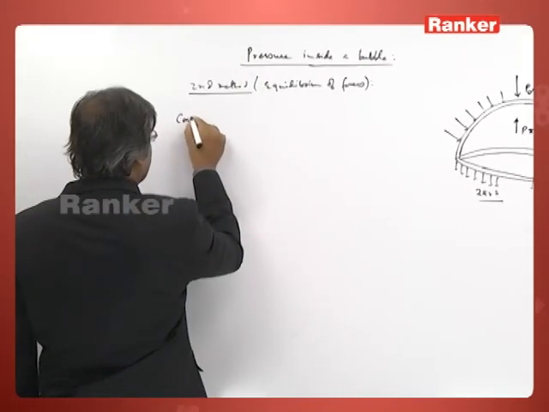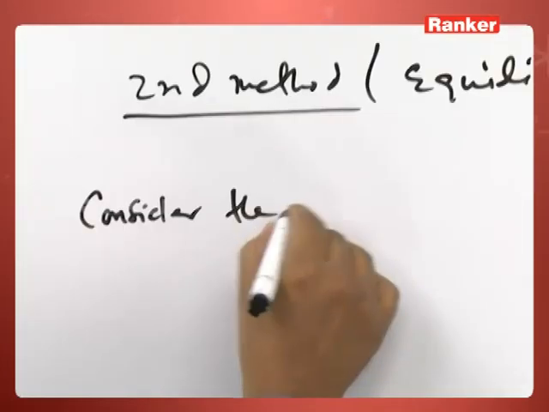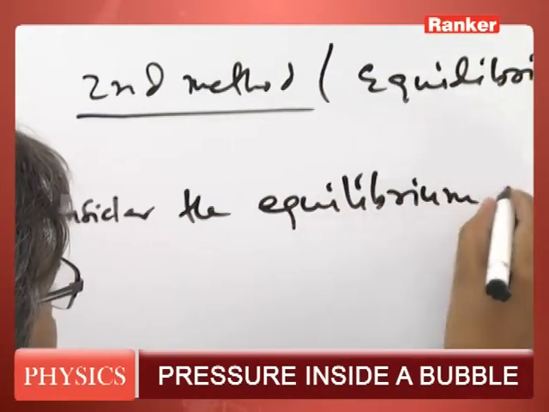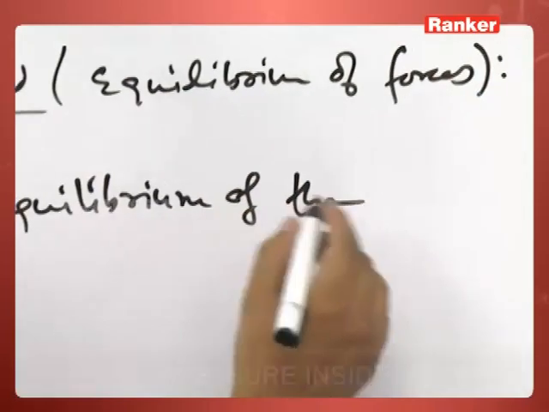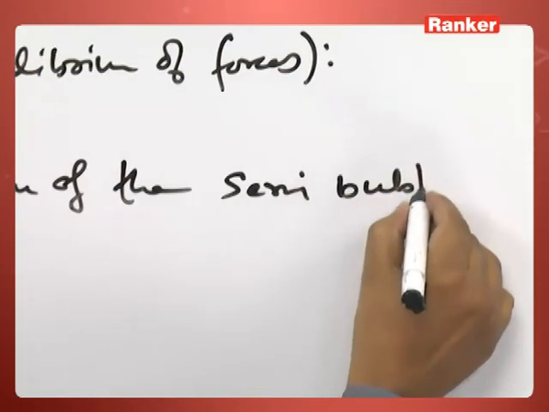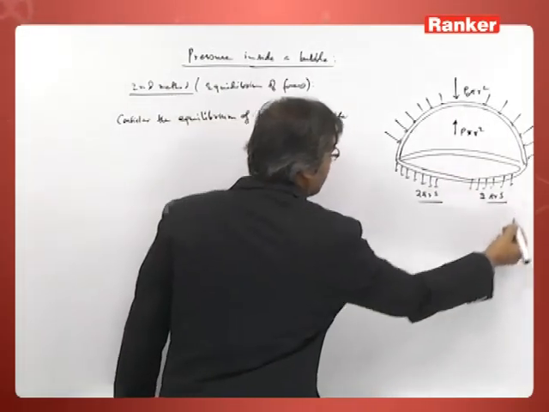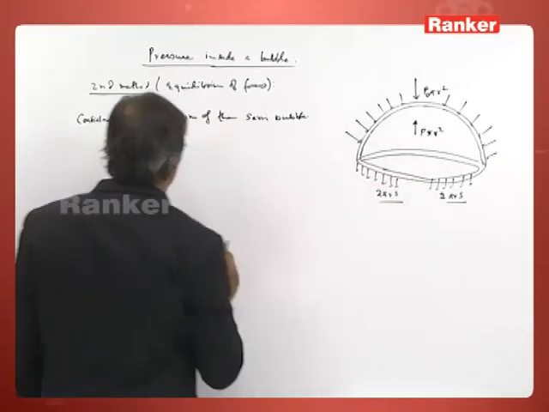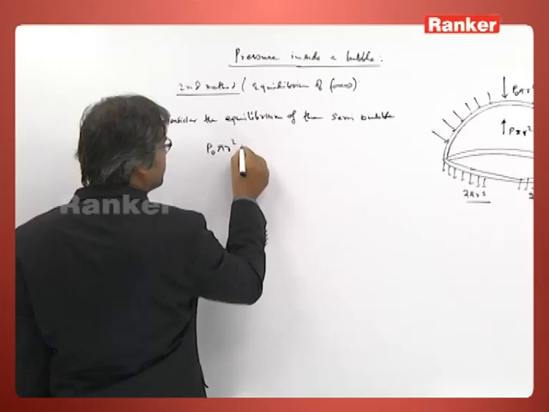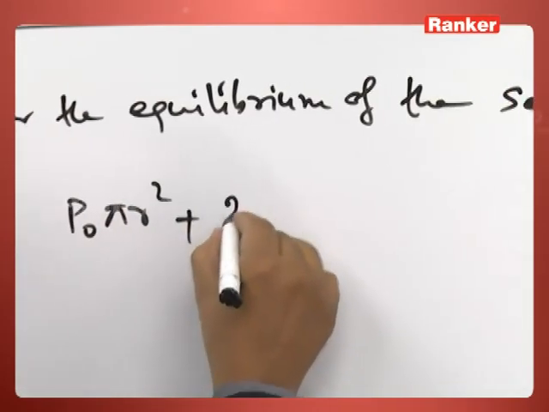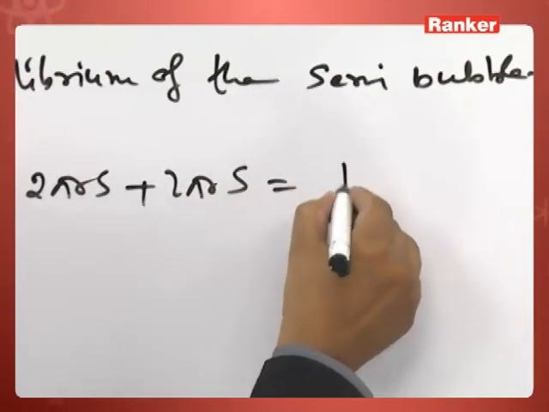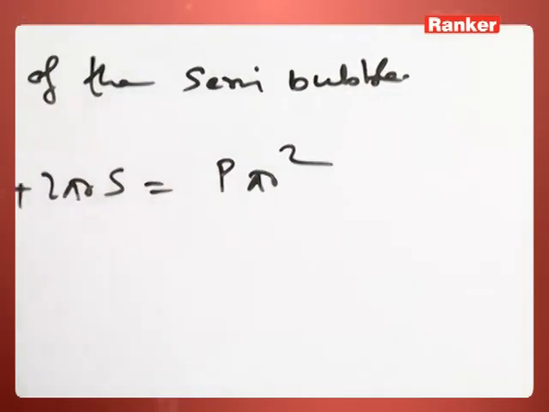So, consider the equilibrium of the semi bubble. The other part of the semi bubble is applying this force. So, the total downward force is P naught pi r square plus 2 pi r into S plus 2 pi r into S, which is equal to P pi r square.